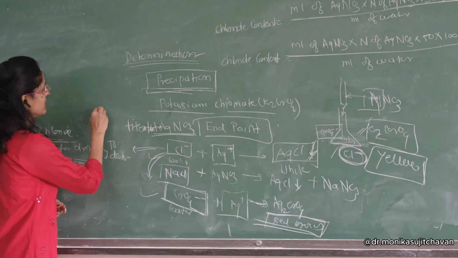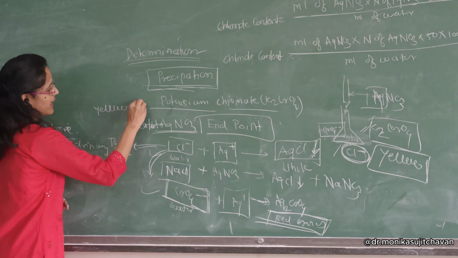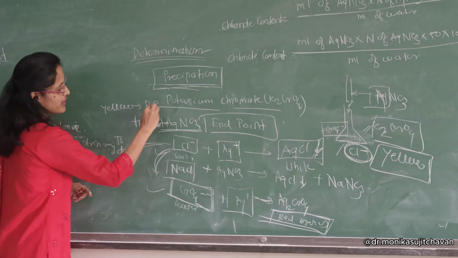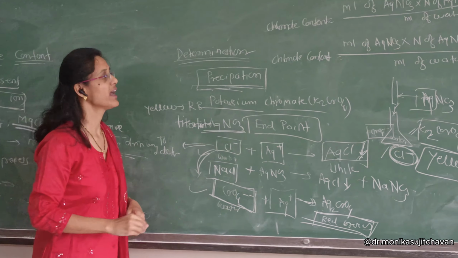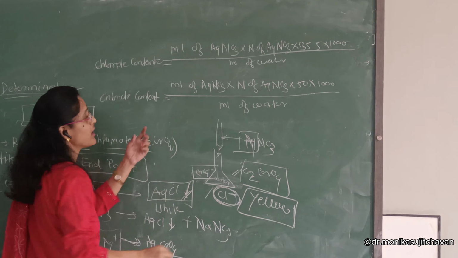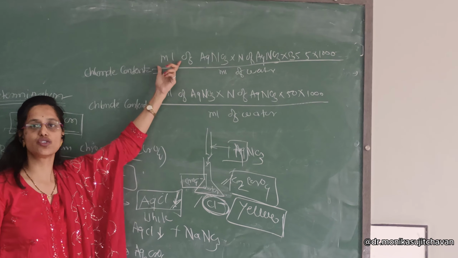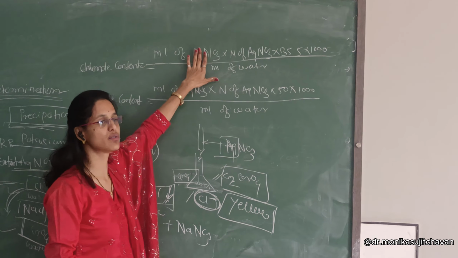So the end point is yellow to reddish brown. Note down that reading, which is the ml of AgNO3 used, and put that value into the formula.